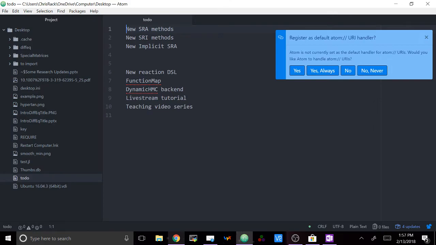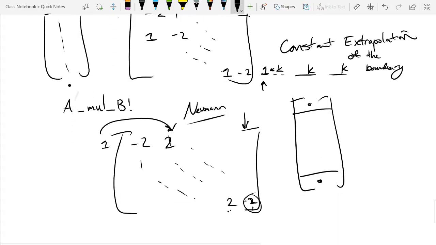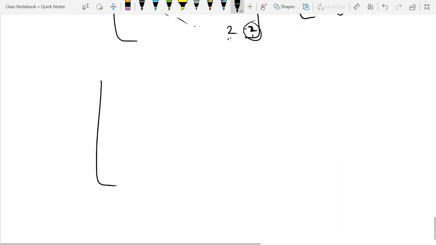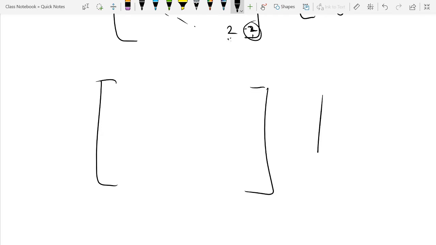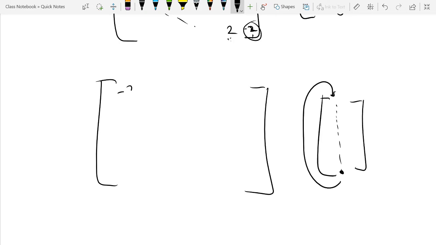Let me describe one more case too, and it's the periodic case, where we assume that this array, if you index it downwards, the one after this guy is the same as this guy over here. That's called periodic, and so you can get minus 2, 1. Where does this guy come from?